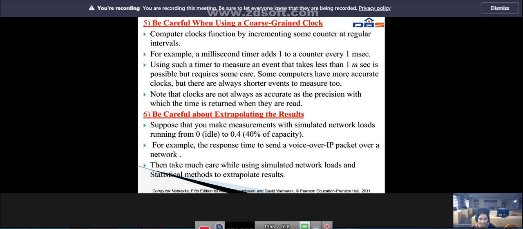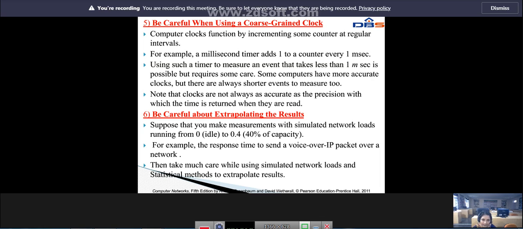Next one, be careful when using a coarse-grained clock. Computer clocks function by incrementing some counter at regular intervals. For example, a millisecond timer adds 1 to a counter every 1 millisecond.